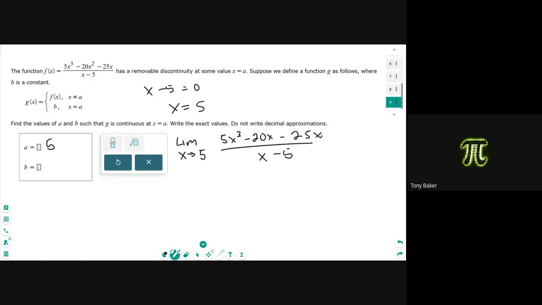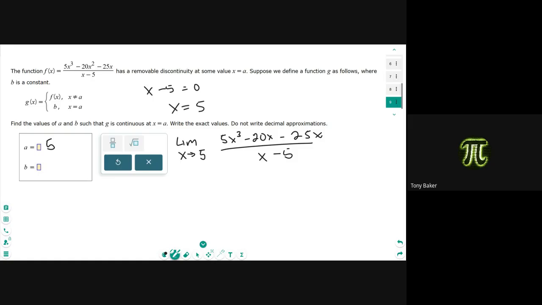How do you want to simplify this limit? What do you notice about the top? I can factor out 5. I can actually factor out more than that. I can factor out a 5 and an x. The 5 is really going to be helpful.